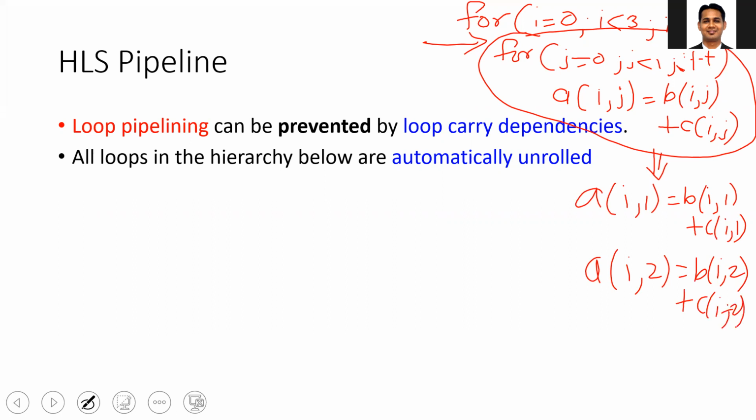That means one addition is replaced by two additions, because both the additions of the internal loop will be executed in parallel. So your loop will be unrolled.